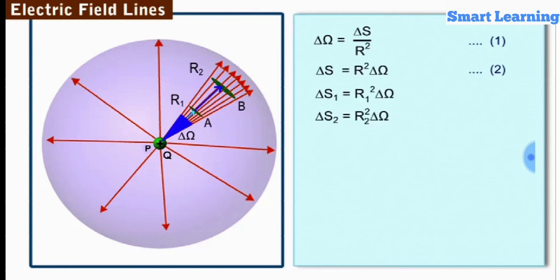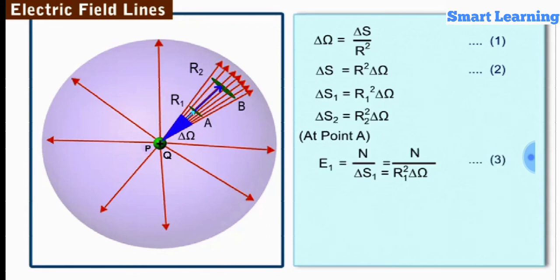Therefore, the electric field strength E1 at A will be equal to the number of field lines per unit area at A, which is equal to n upon delta S1 or n upon r1 square into delta omega, by using the value of delta S1. Let us label it as equation 3.